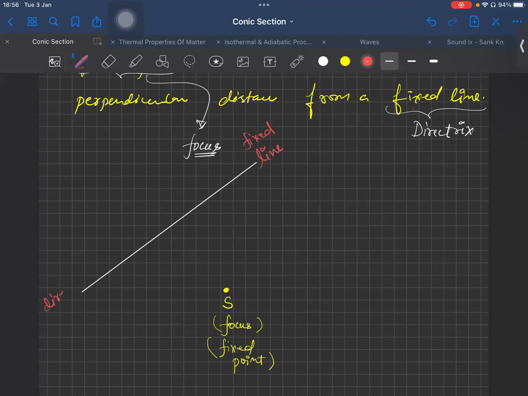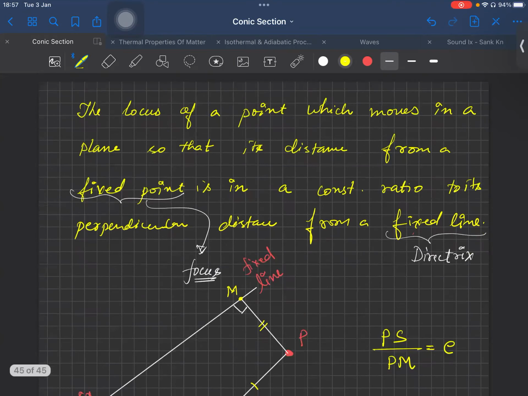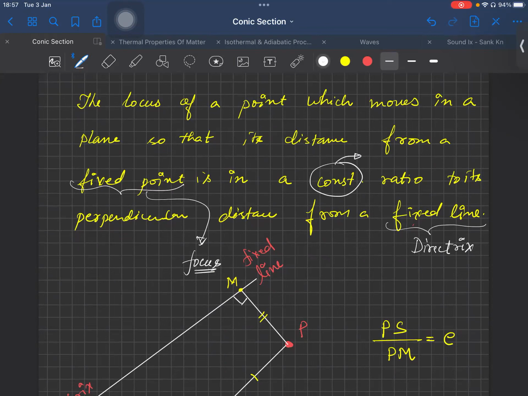Now it's the locus of a point, so let's randomly suppose there is a point P. P will move only in a path such that if you join PS, and you draw a line perpendicular from P on the directrix, and suppose it meets at point M, then the ratio PS upon PM is a constant, and that constant is called eccentricity. This constant ratio is called eccentricity.